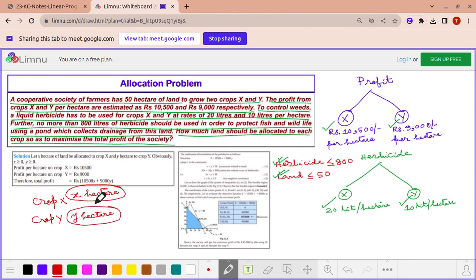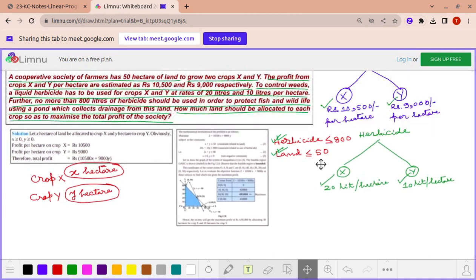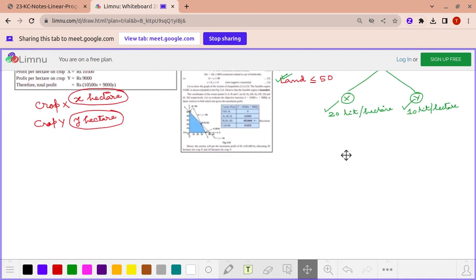Okay. So as to maximize the profit, here our objective is to maximize the profit. But what is the profit? So let us go through once more. Just a minute, let me bring it here. So profit is 10,500 rupees per hectare from crop X. Now X hectare is allocated for crop X. So profit will be 10,500 X from crop X, and similarly 9,000 Y from the crop Y. So our objective is to find the maximum value of that objective function.